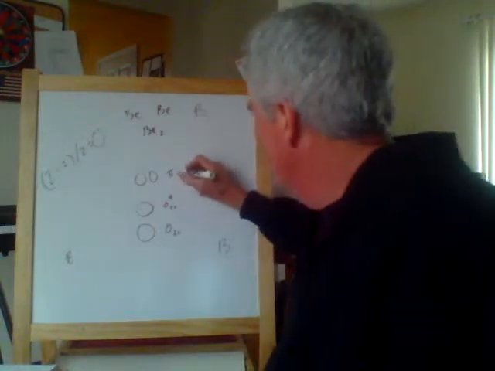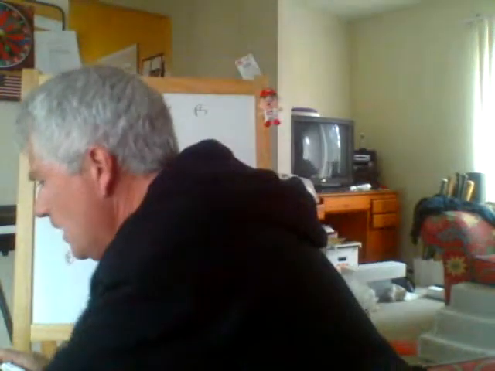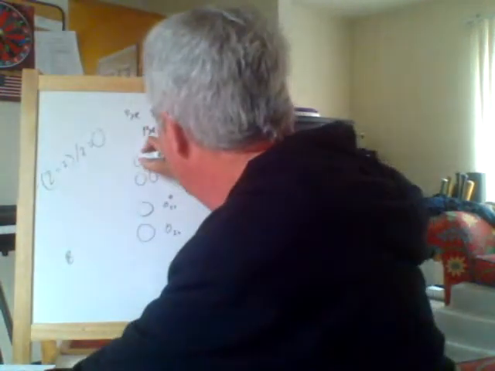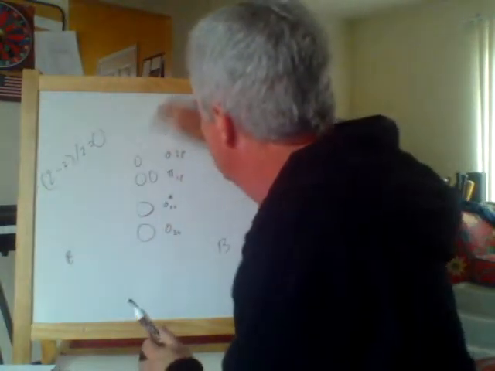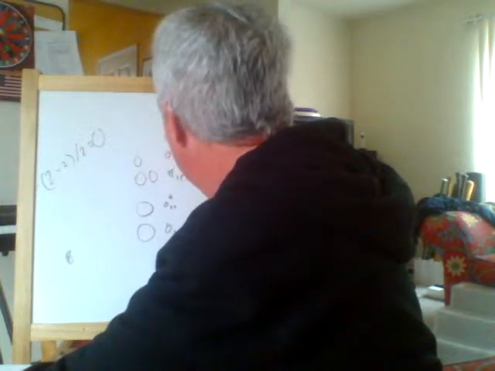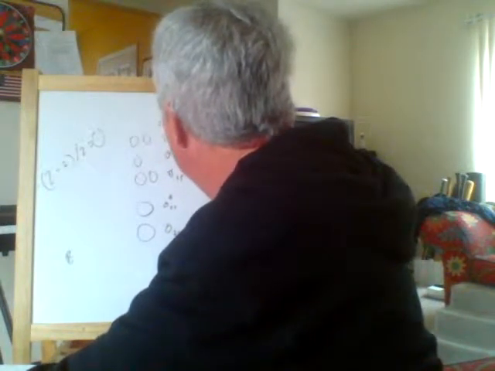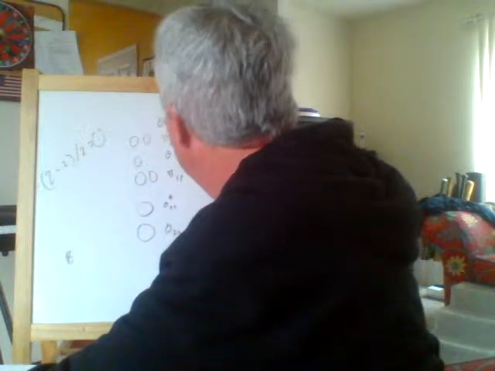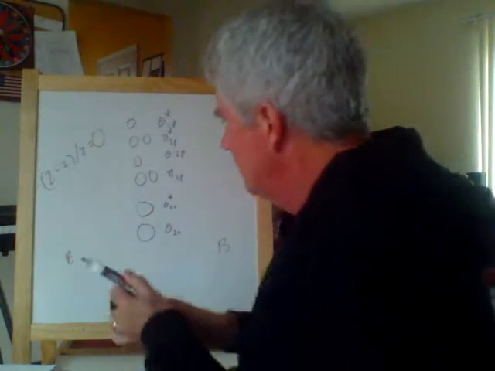And the p orbitals will be the pi 2p, and then the one sigma 2p, and then the pi 2p star, which is 2 of them, and then the sigma 2p star, one of them. Now, a quick check.